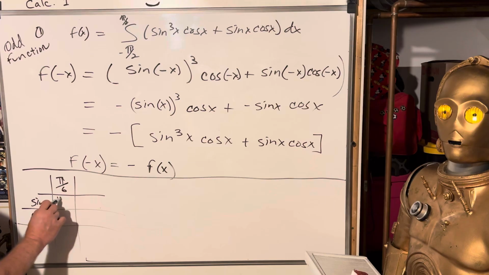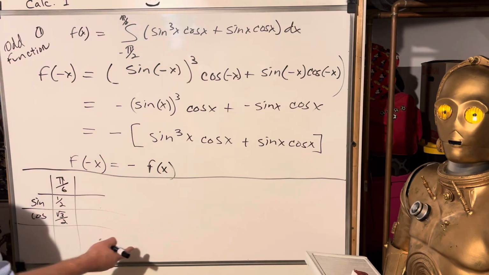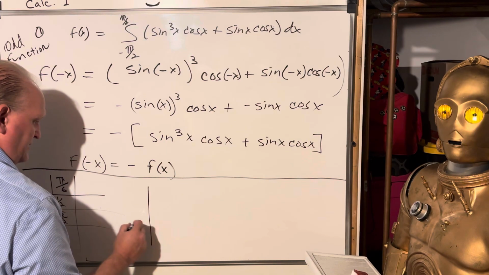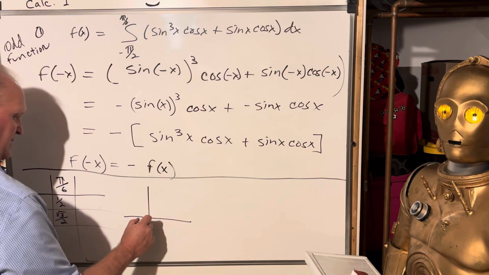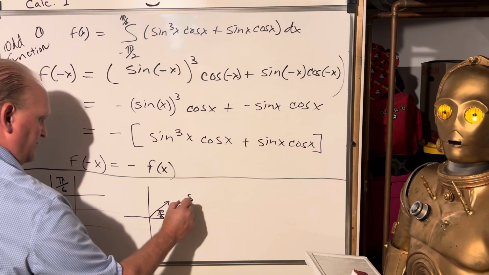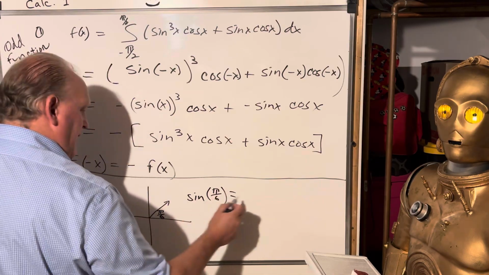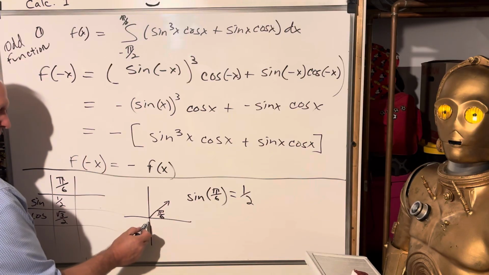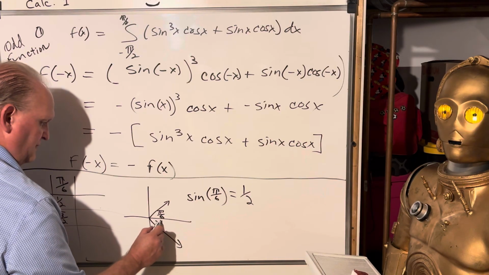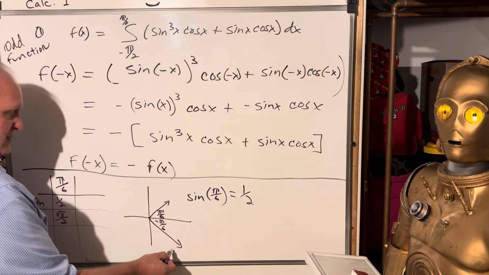We'll just do this part, 1/2 and the square root of 3 over 2. All right. So if we did 30 degrees, or pi over 6, if I look at the sine of pi over 6, that is 1/2. But if I look at the sine of negative pi over 6, that is the same as 330 degrees, but it puts me in the fourth quadrant.